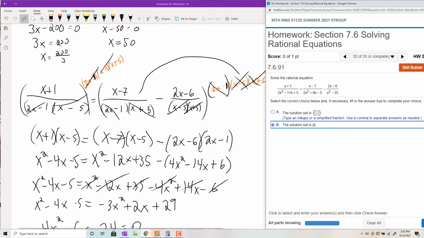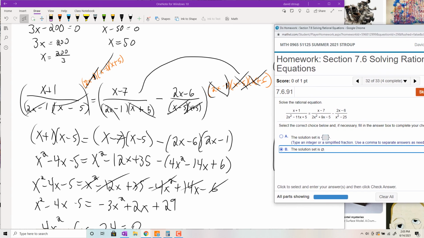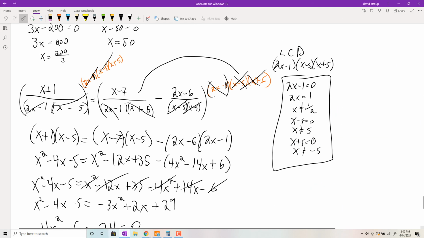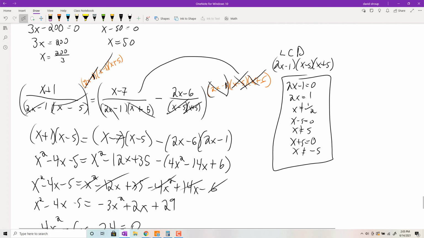That would be the first kind of issue. I think I got it right. Oh, no, it's the x plus 5 right here. So that's one issue. Let me see if there's anything else. The x minus 5's cancel, and I'm left with an x plus 5. So first distribution, the 2x minus 1, and the x plus 5. So I have an x minus 5 for that one, yep.